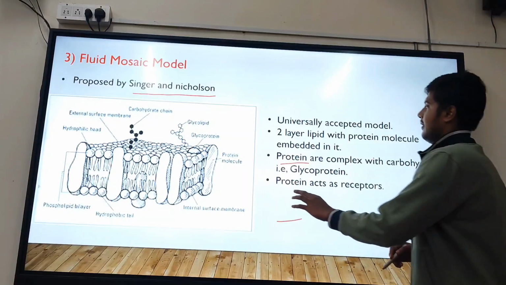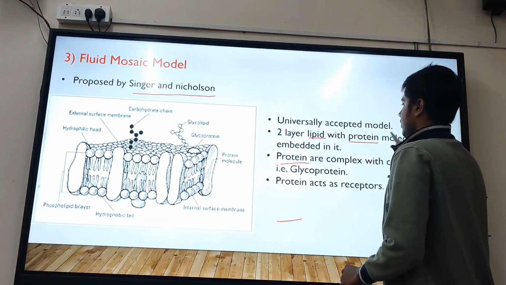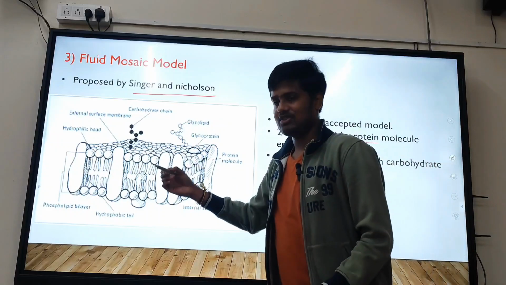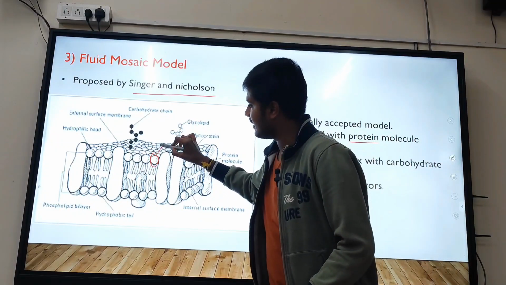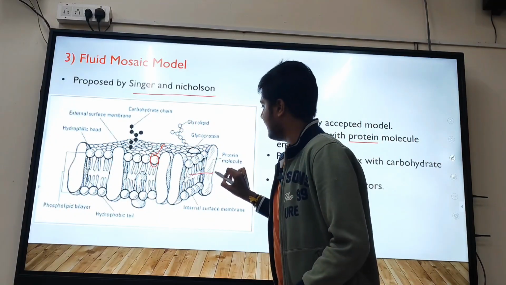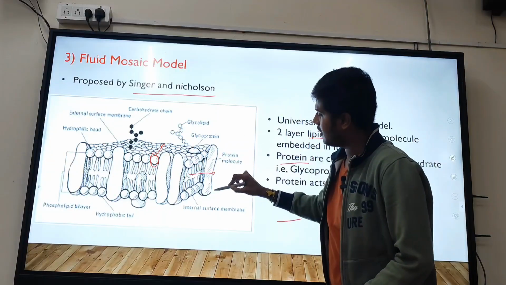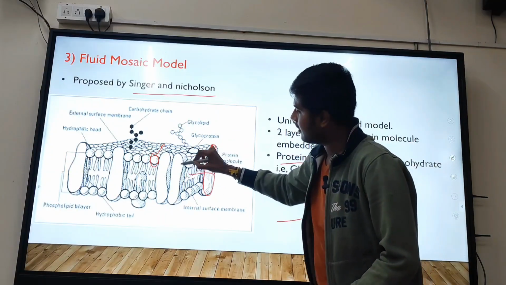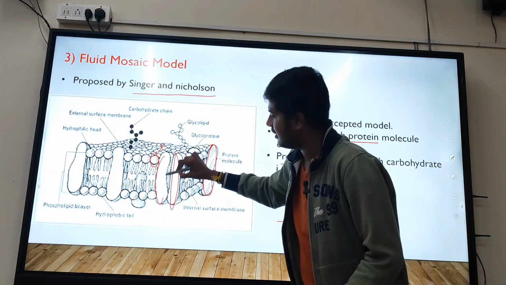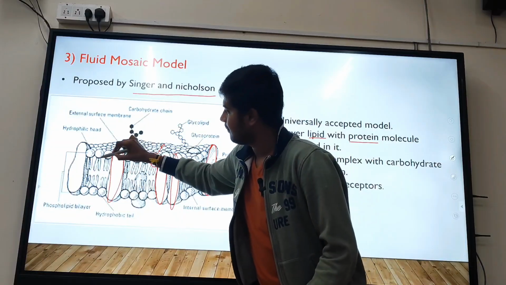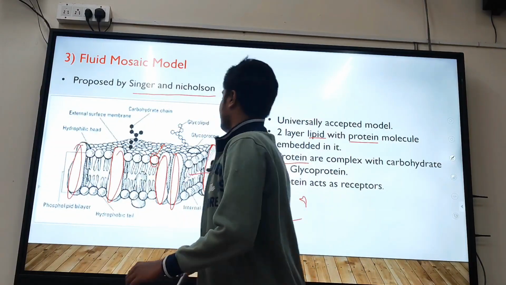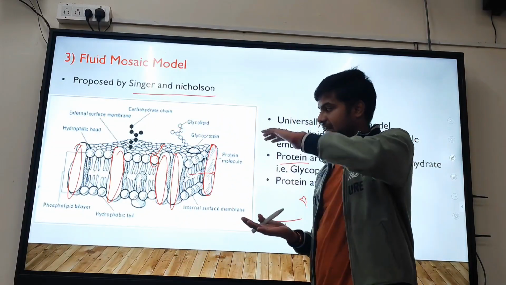There are two layers with lipid and protein molecules. As you people know, this is the hydrophilic end, the hydrophobic tail. These are all protein molecules. What you people see, these are all protein molecules, and they are compactly arranged.